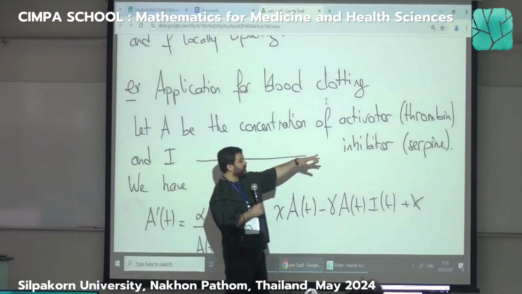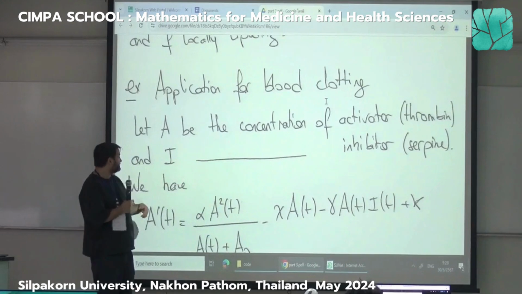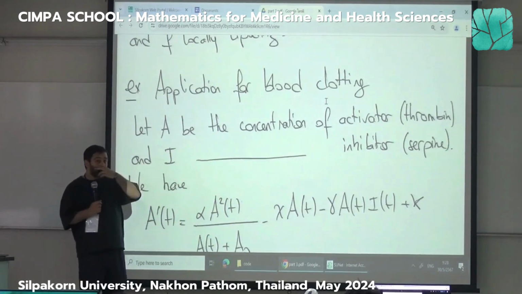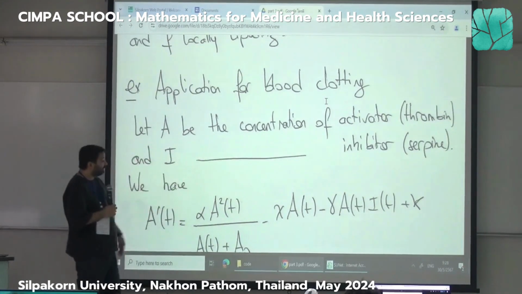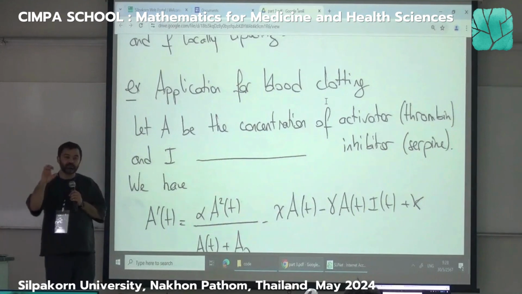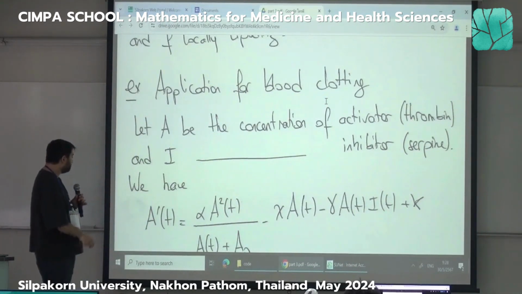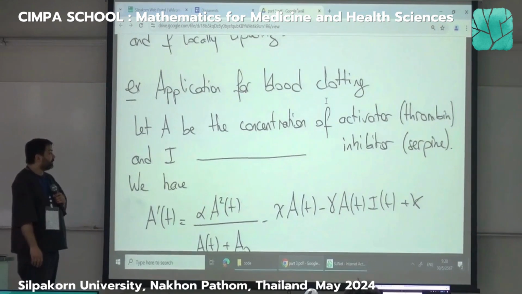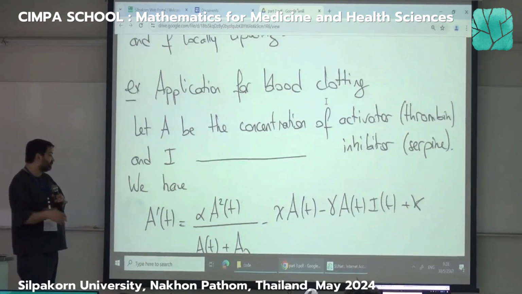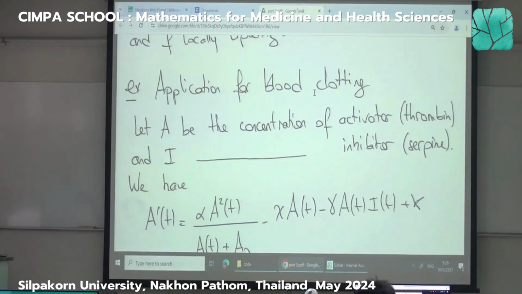This is the thrombin, which activates the coagulation process. You have an inhibitor. One of the inhibitors is serpin, for example, whose job is to reduce the coagulation process or to accelerate the fragmentation. And you write the mass action law, it's a bit more complicated, and you will get this kind of differential equation.